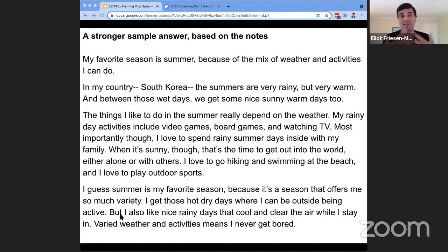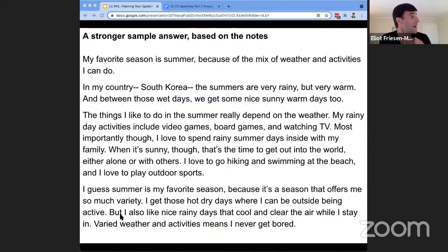It's almost like a thesis statement. You don't need to do this, but if you can insert a little bit of an answer at the beginning that pertains to the last feature on the card, by all means, you can do that, and that can be a nice thing to do to give your speech a little bit of extra organization.